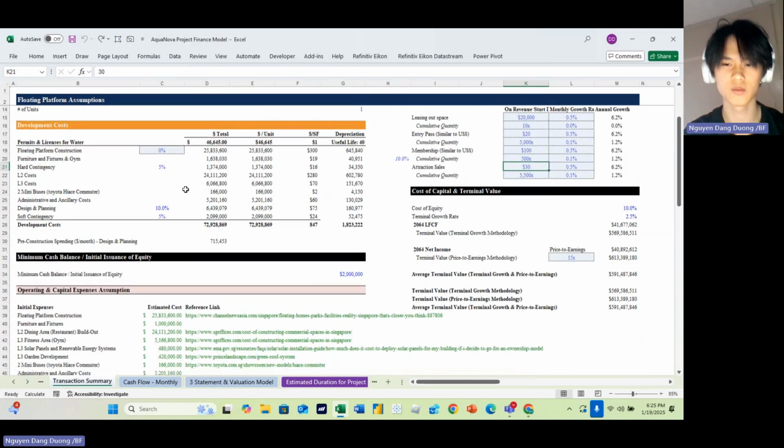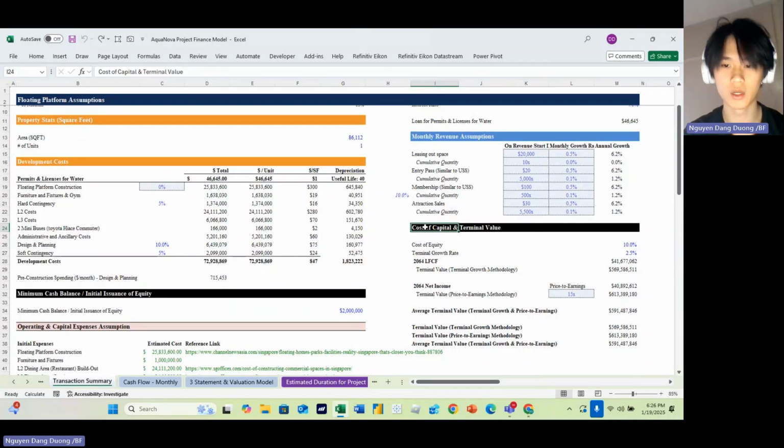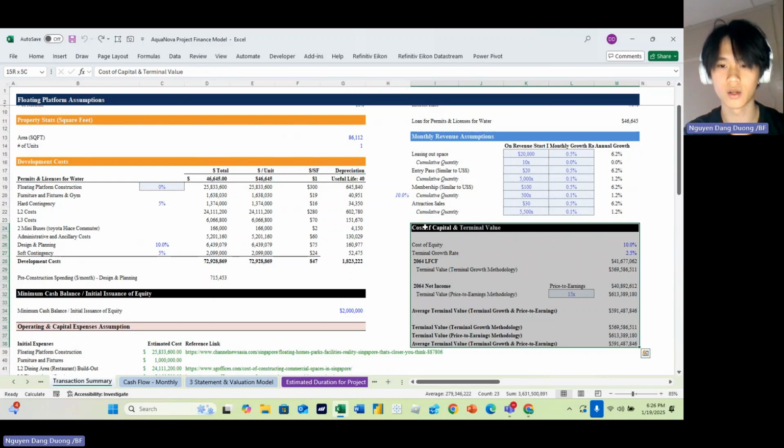And over here it's our cost of capital and terminal value assumption, which is basically what our investors want from our business and how much the business will sell for.